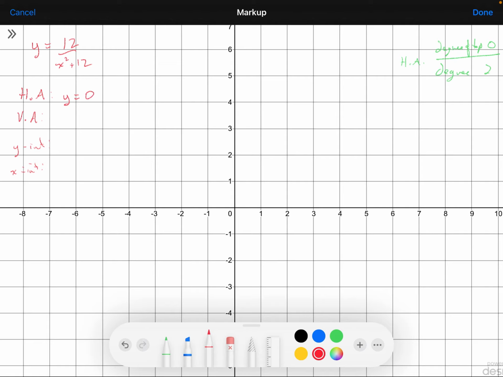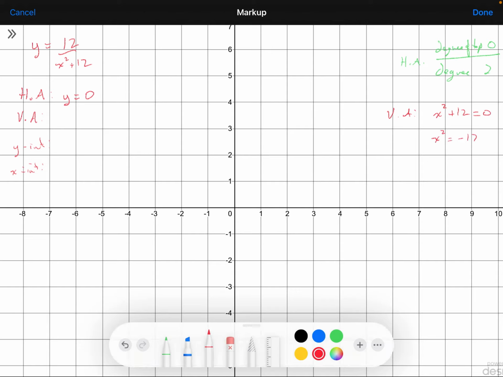My vertical asymptote, now I'm going to do my work on the right-hand side. My vertical asymptote is when my denominator is equal to 0, or when the factors of my denominator are equal to 0. So very quickly, when is x squared plus 12 equal to 0?